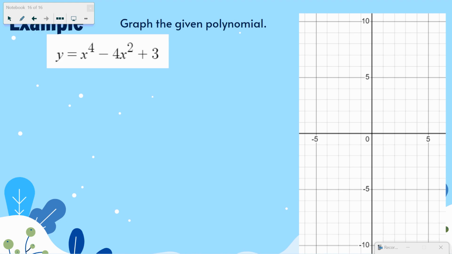Alright, so looking here, we have x to the 4th minus 4x squared plus 3. What was something you guys are noticing about this graph?